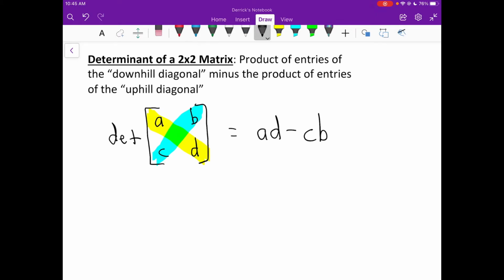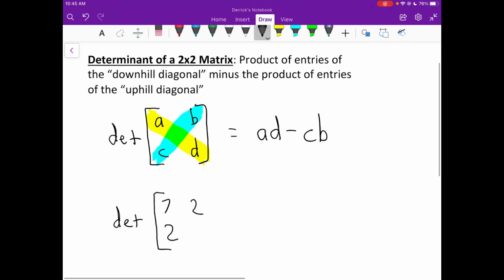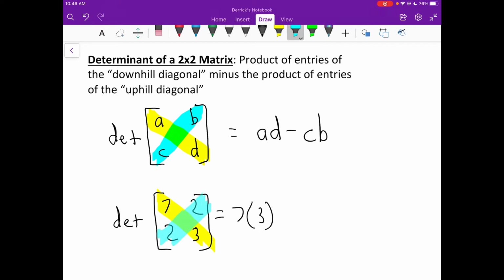For a quick real example, let's say I asked you to find the determinant of the matrix 7, 2, 2, 3. In that case, the downhill diagonal would be 7 times 3, and the uphill diagonal would be 2 times 2.